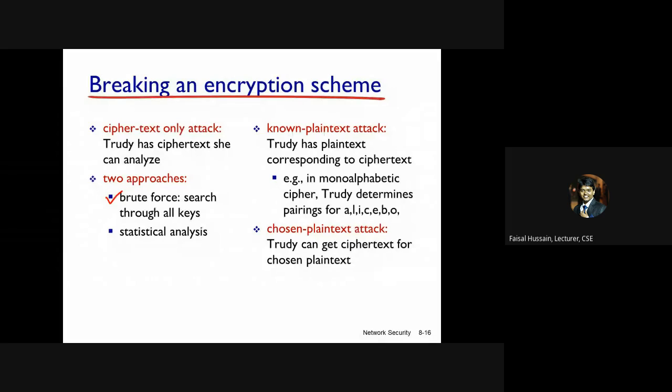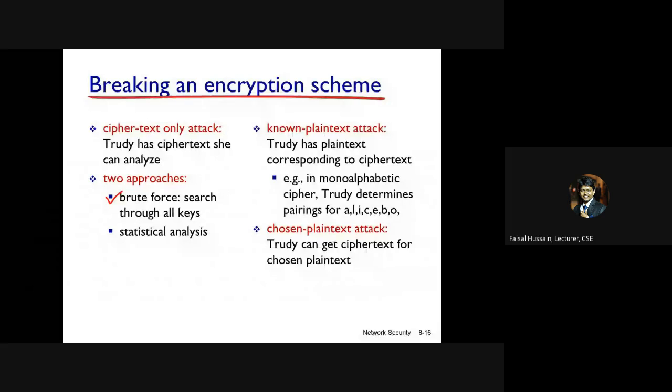You can assume that as E or T, find out the shifting key, and try to decipher the text. Depending on statistical analysis, you can guess, which is more time efficient than brute force. In brute force, you try all the possibilities, but in statistical analysis, you choose the best candidate. Okay.